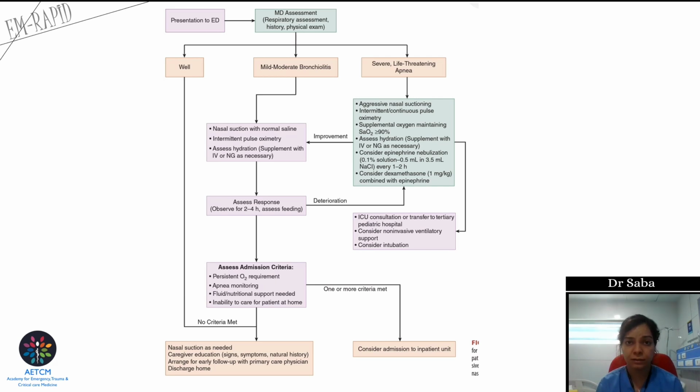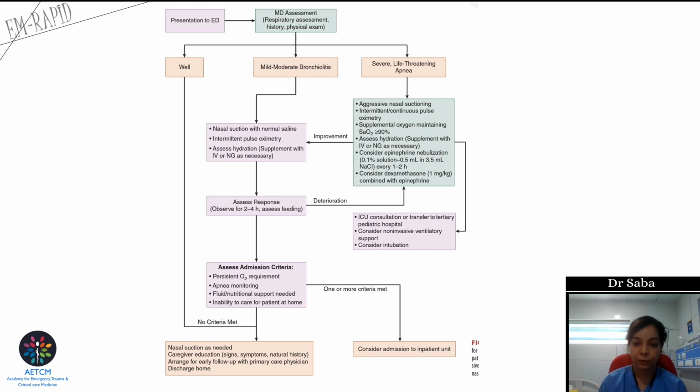Like I mentioned, the child will be admitted in the ICU, and if despite all of these treatments the child is not showing any signs of improvement, and there is persistent hypoxia or increased work of breathing or altered mental status, wherein we are looking at an impending respiratory failure or arrest, in those cases we'll also consider non-invasive ventilatory support or intubation as and when it is needed.